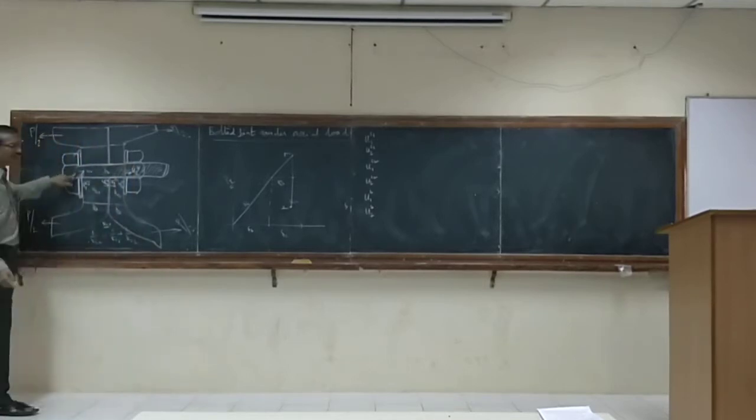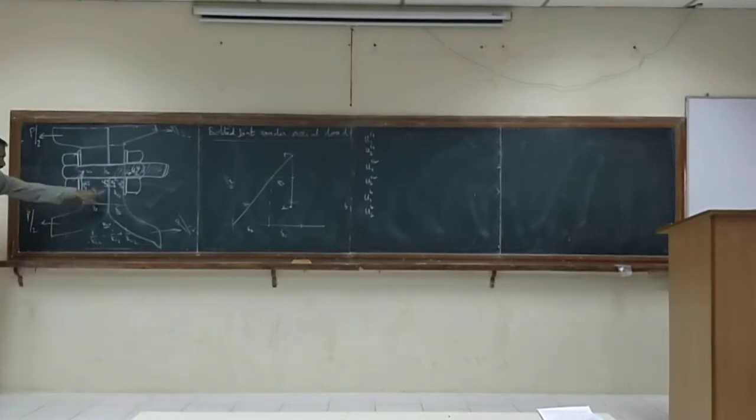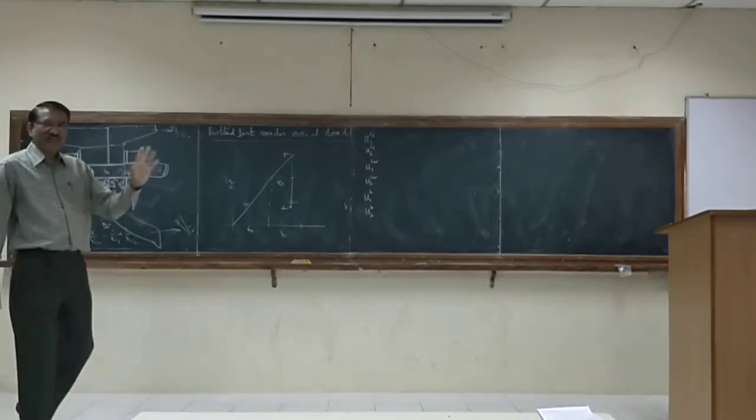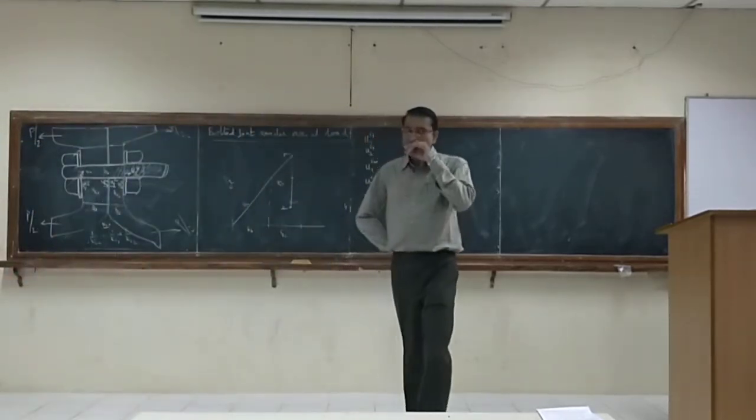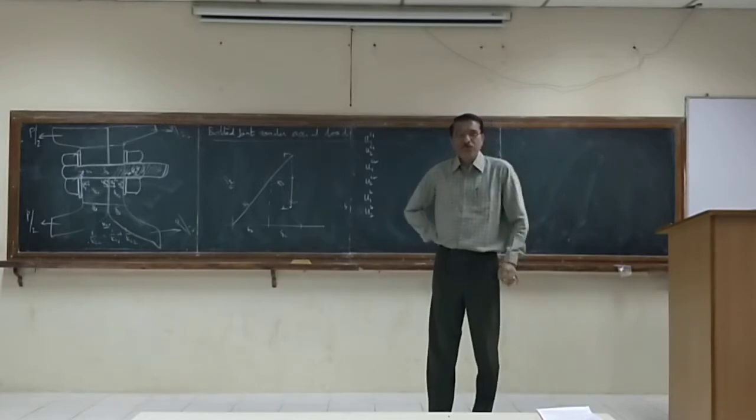And the corresponding local degrees of freedom identified are U1 and U2 for the component 1, U1 and U2 for component 2, and similarly U1 and U2 for the bolt. Now we need to establish the compatibility conditions. How do we get the compatibility conditions here?